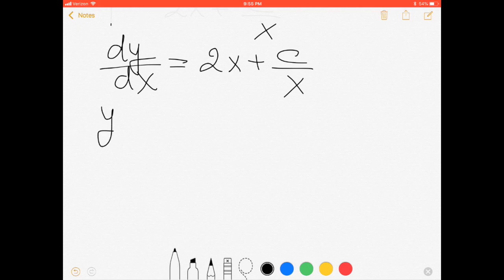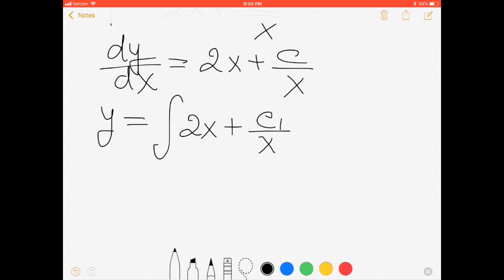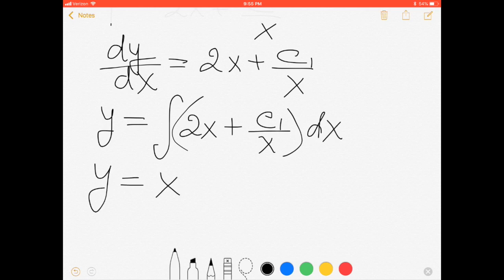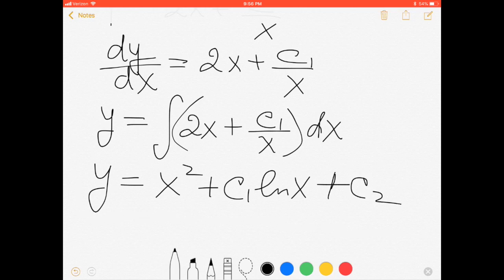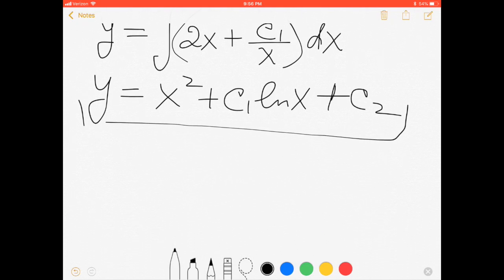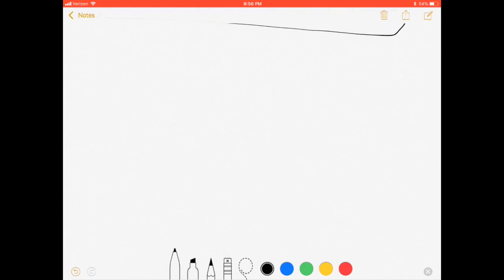And it means our function y will be the integral of 2x plus c1 over x dx, y equal x squared plus c1 ln x plus c2. This is the final answer, the general solution of our equation.